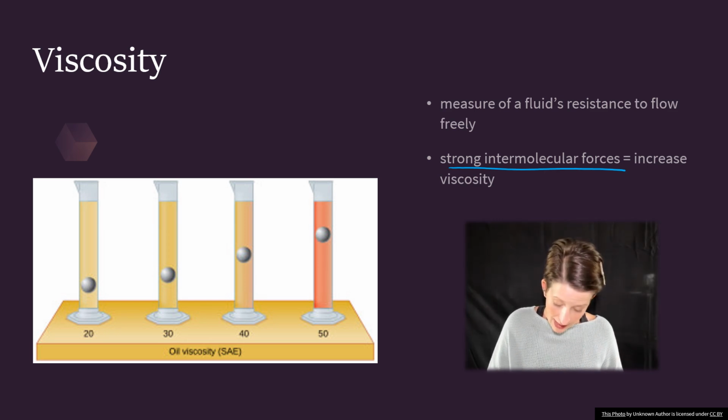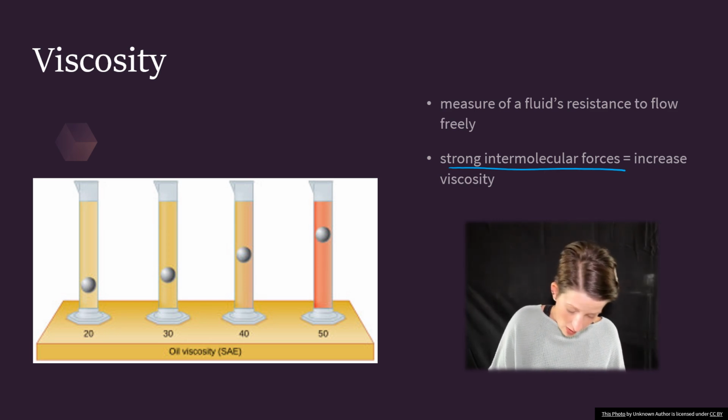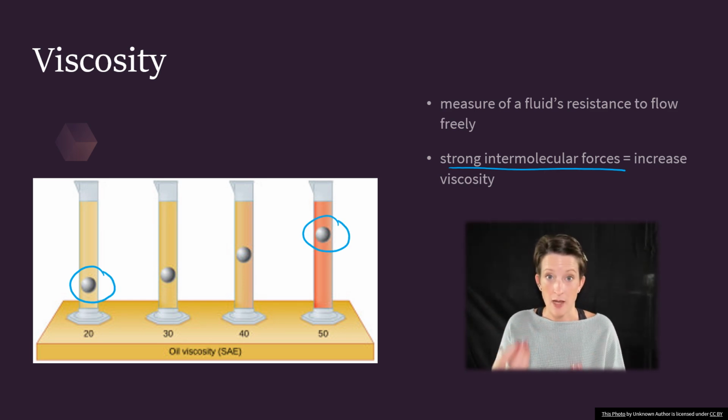So here looking at oil, the different types of oil, we can predict based off where this ball is falling what the viscosity of this liquid is. The further that ball travels, the less viscous it is, and if it doesn't travel as far, the more viscous. And so this is important for cooking oil, fractional distillation of crude oil into our gasoline and kerosene and stuff like that, but also looking at the temperatures and the interactions of the body, right?